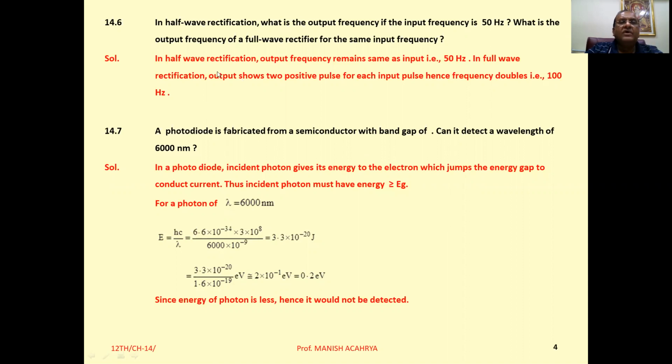Then example 14.7. A photodiode is fabricated from a semiconductor with band gap of 2.8 electron volt. Can it detect a wavelength of 6000 nanometer?